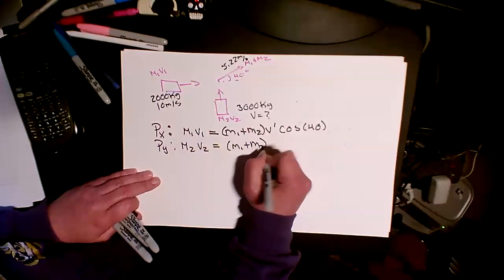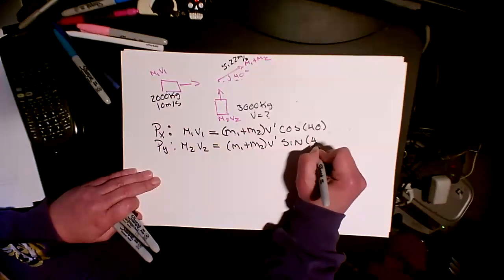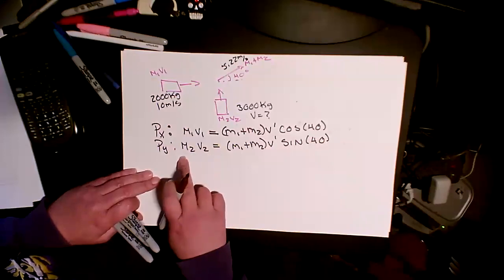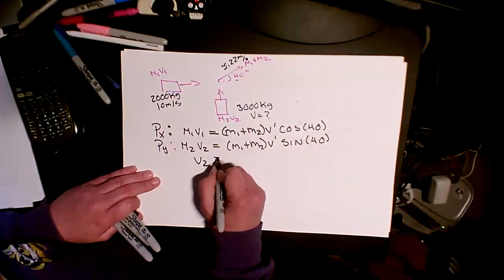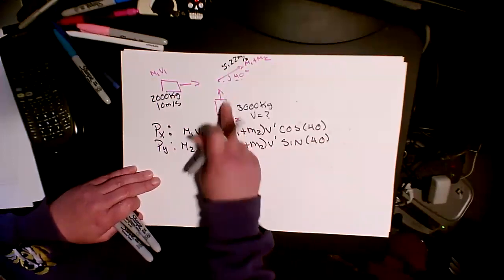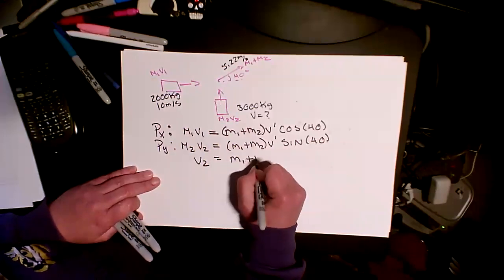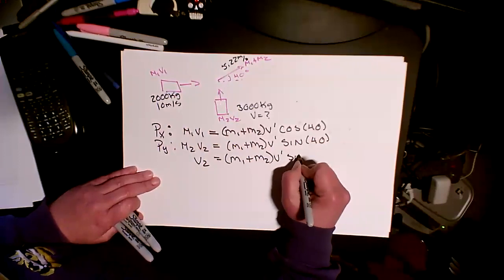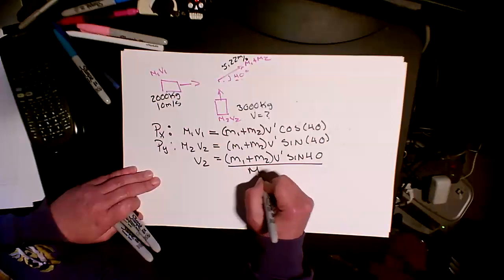mass 2 v prime sine of 40. I don't know v2, I know mass 2, so now this just becomes the thing I actually want. The initial velocity of this 2 going this way is going to equal mass 1 plus mass 2 times v prime sine 40 divided by mass 2.